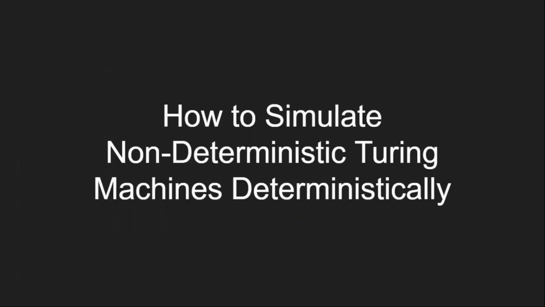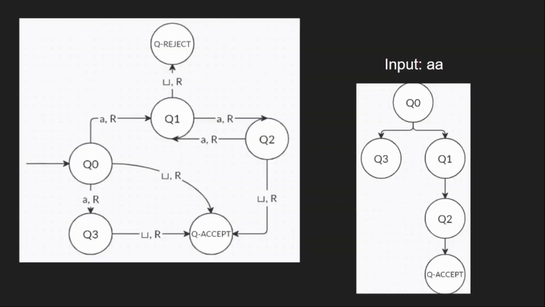Okay, now let's get into how to simulate a non-deterministic Turing machine with a deterministic Turing machine. Here is our non-deterministic computation tree based on N's transition function and the input of 2 A's. First, let's understand a model of how our deterministic Turing machine is going to work. Let's visualize what type of computation it's going to do.